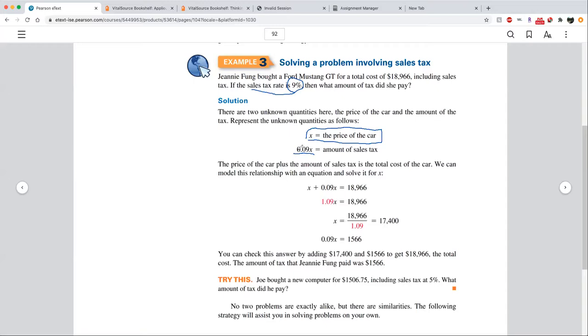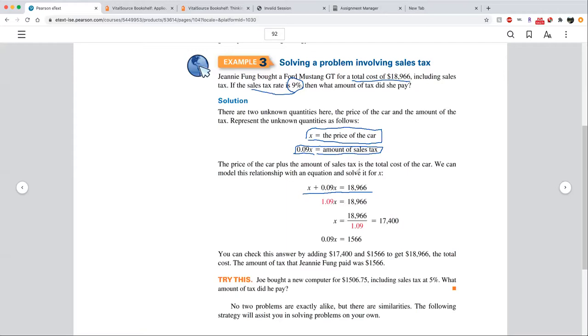So we got this. Now the price of the car plus the amount of sales tax is going to be the total cost, what she paid, right? So x plus 0.09x must be equal to 18,966. 18,966 is the total cost.